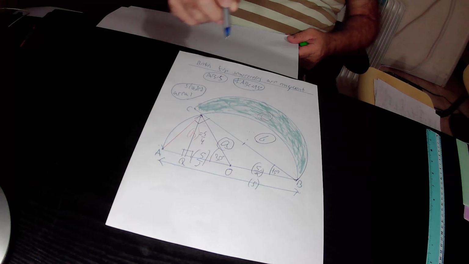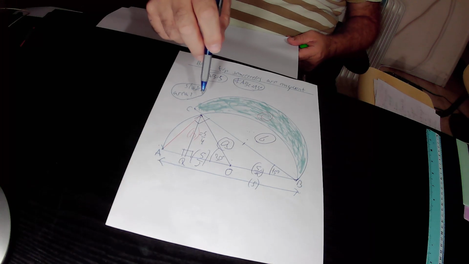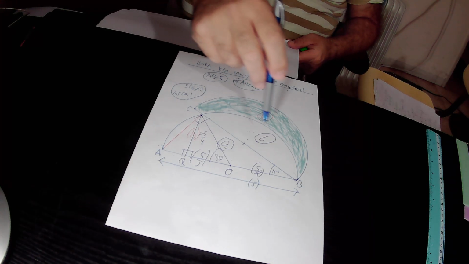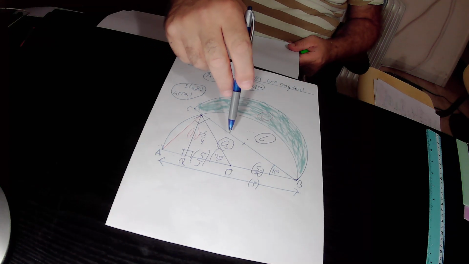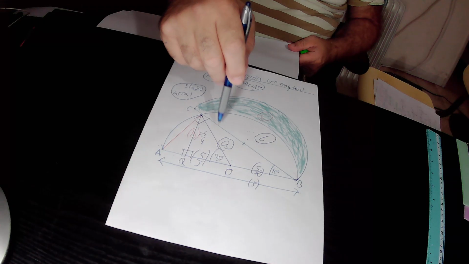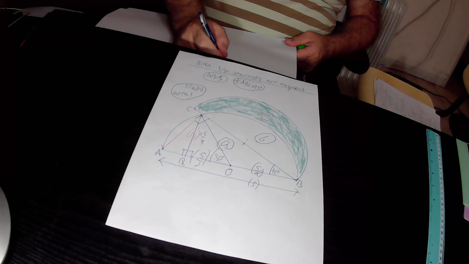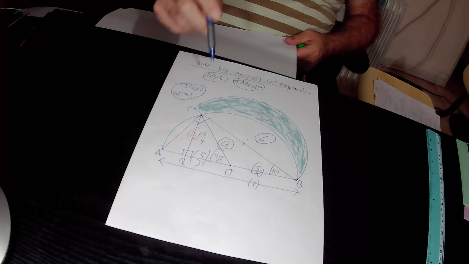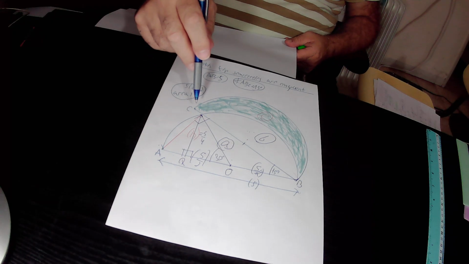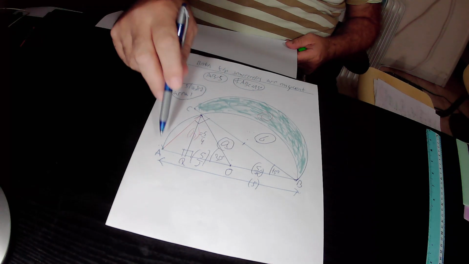The first shape that the big shape PBA consists of is this triangle POB, plus the area of this second shape, the area of this sector COA.